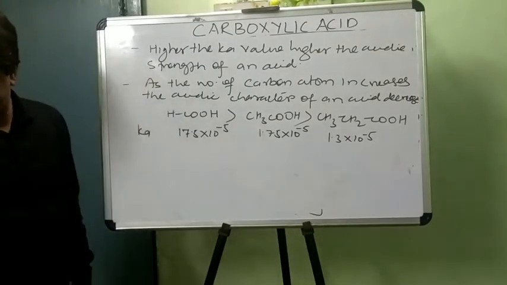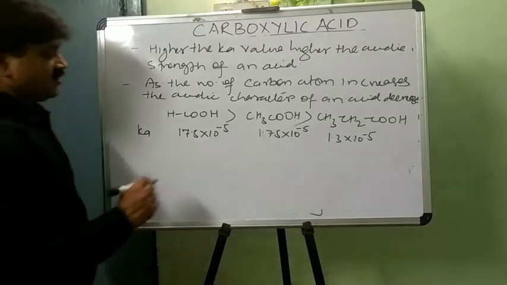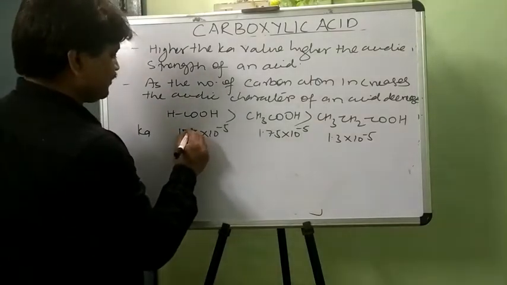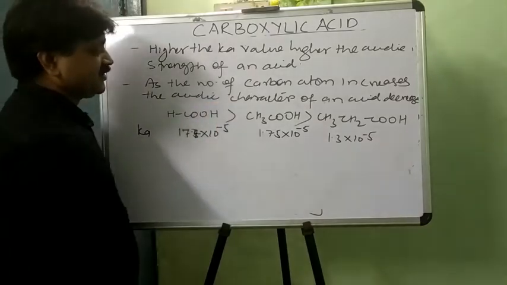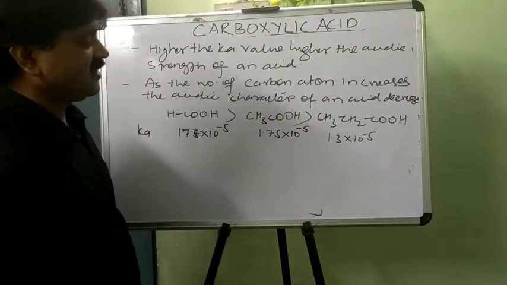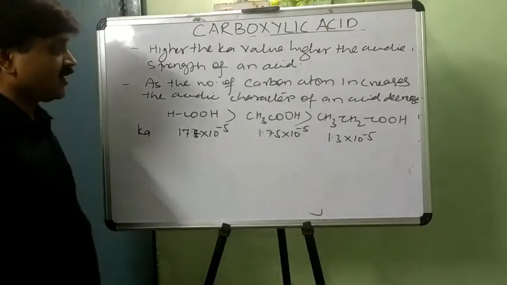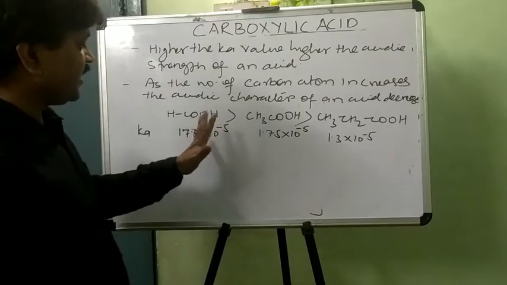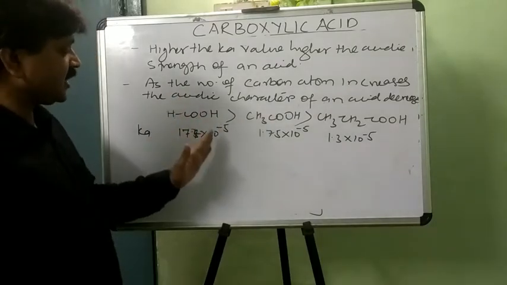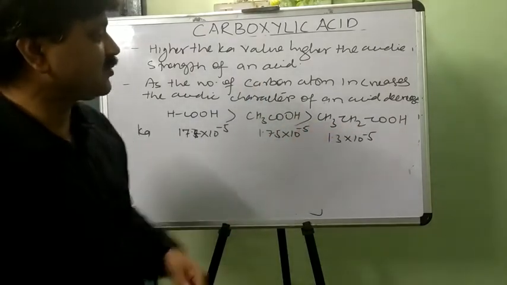Note down. Here, formic acid's value is 17.7, not 17.5. Acetic acid 1.75 into 10 power minus 5, and 1.3 into 10 power minus 5 in case of propanoic acid. So you will see here why formic acid has a higher Ka value as compared to acetic acid and propanoic acid.